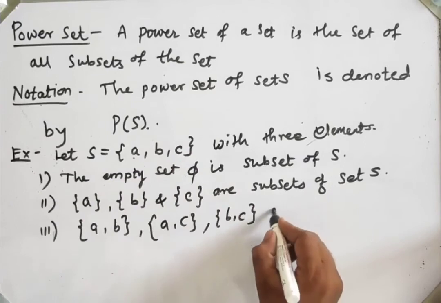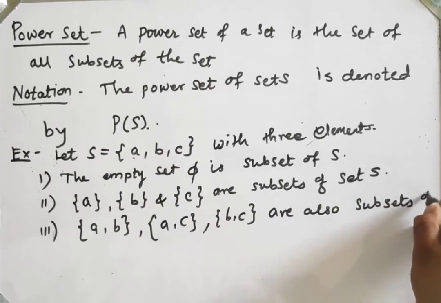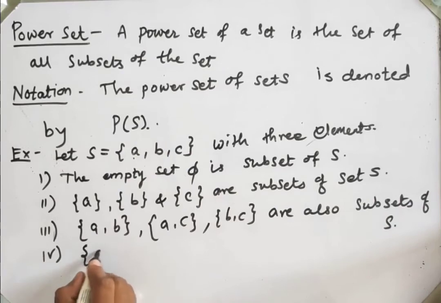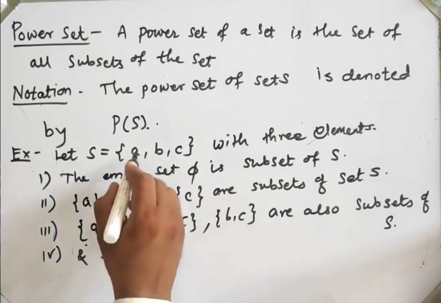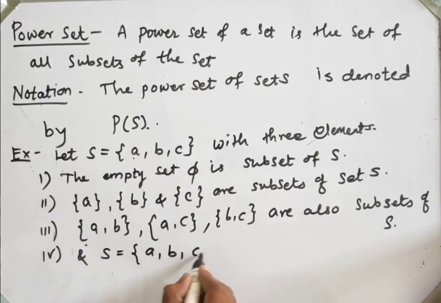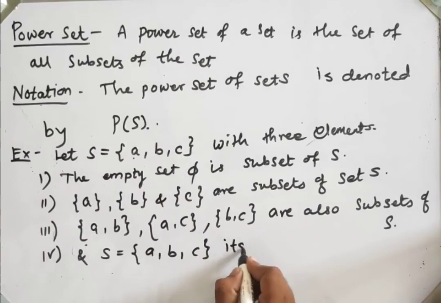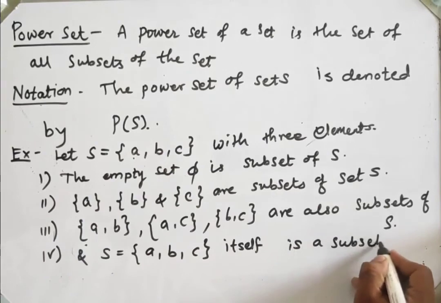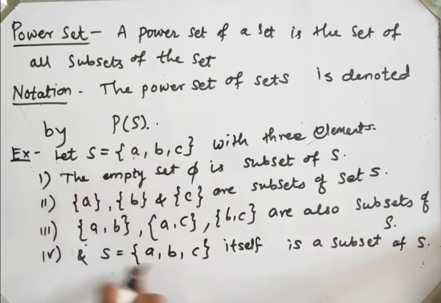These are also subsets of S. And the last one, 4, S is equal to A, B, C, which is always a subset of itself. Itself is a subset of S. Therefore, these are all subsets.